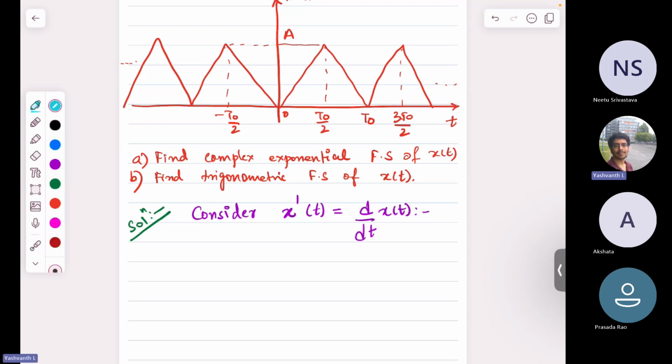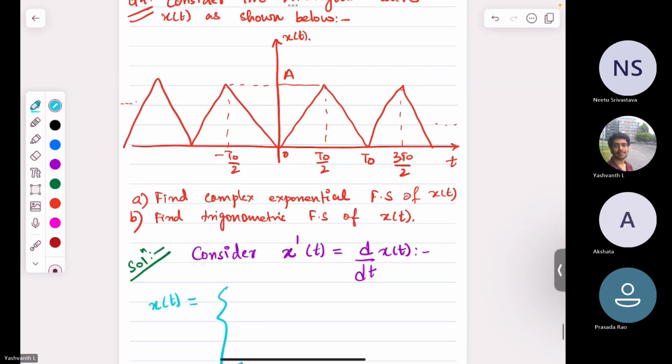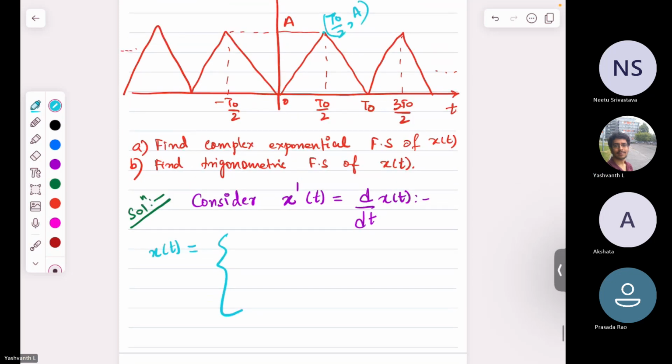So first I will write down the expression for x of t. This point is t naught by 2, a.